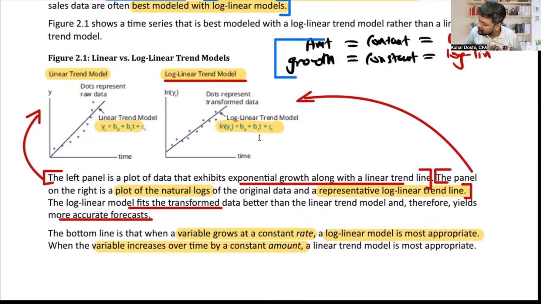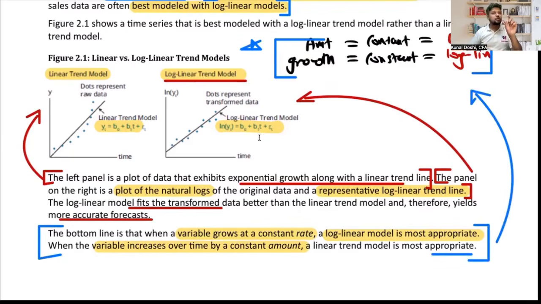Just write this down for your reference. Very important from your exam point of view. Correct? Which model is useful and when? Whenever there is an increase of a constant amount, we use a linear model. But whenever there is an increase at a constant growth rate, we use a log lin model.